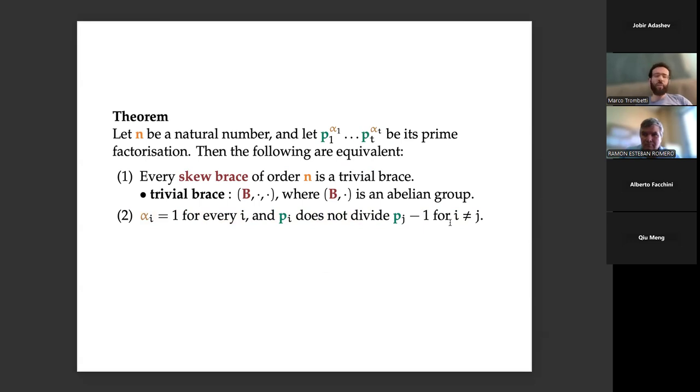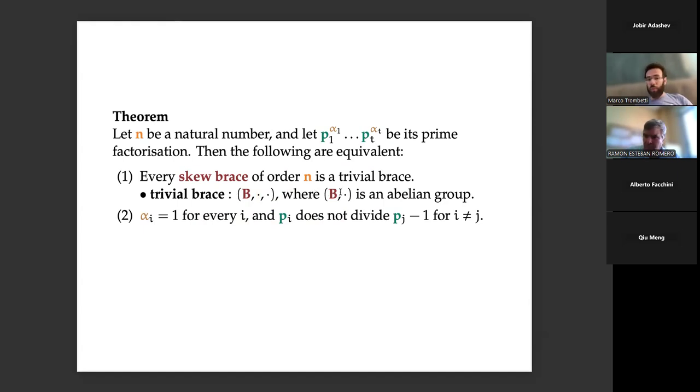When you identify those properties, you find something also really nice: all skew braces in those particular spots must actually be of the same type. They must be trivial braces. Trivial brace means, as I told you, that the operations plus and circle coincide. I just write here the same operation symbol to mean that they need to coincide.